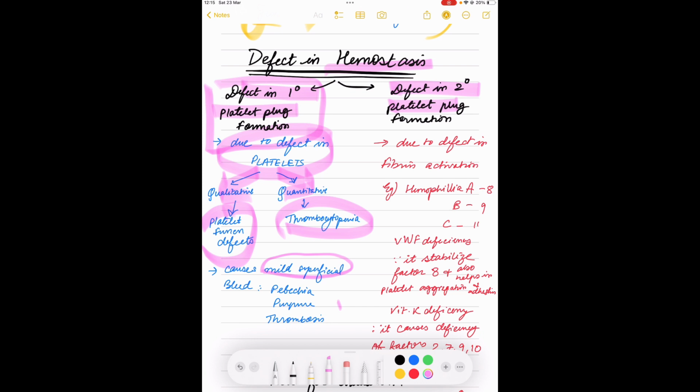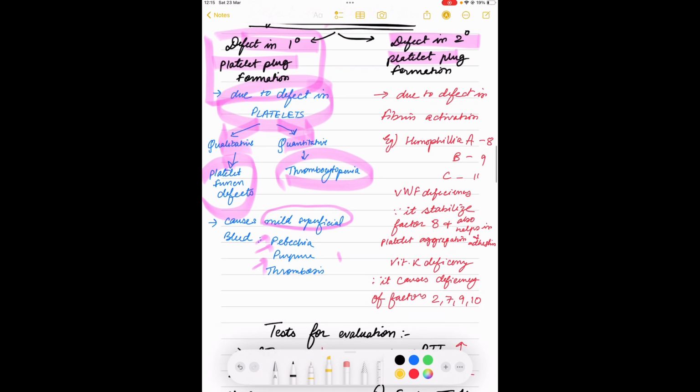Okay, so petechiae, purpura, thrombosis are result of defect in primary platelet plug formation. Whereas if we talk about today's topic, hemophilia, it is a defect in the secondary platelet plug formation, which occurs due to defect in fibrin activation, and any such defect is known as hemophilia.